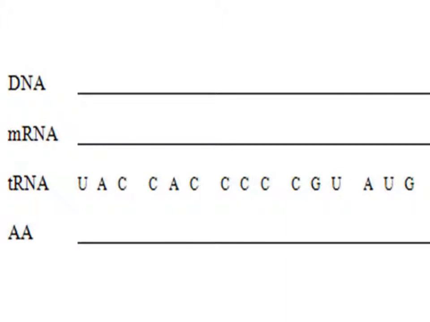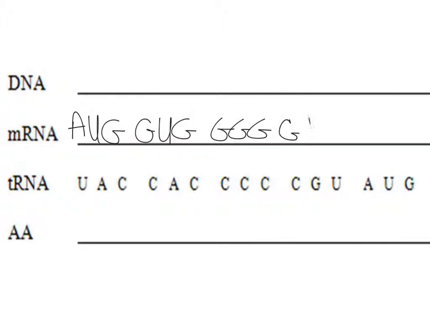And let's look at it one more way. If we look at our tRNA, we need to go backwards to get mRNA, and then backwards from mRNA to get DNA. So base pairs for mRNA, still no T's, only U's. So U base pairs with A, U with A, C with G. Then G, U, G, G, G, G, G, C, A, U, A, C. Now back to the DNA.